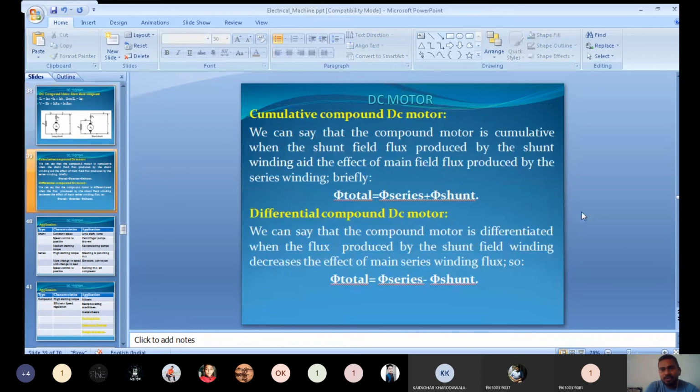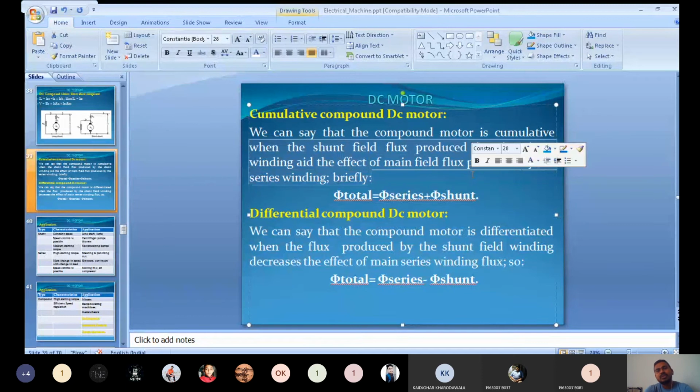Now the cumulatively compound motor. A motor in which the flux produced by the shunt field winding helps the main field flux produced by the series field winding is known as a cumulatively compound motor.